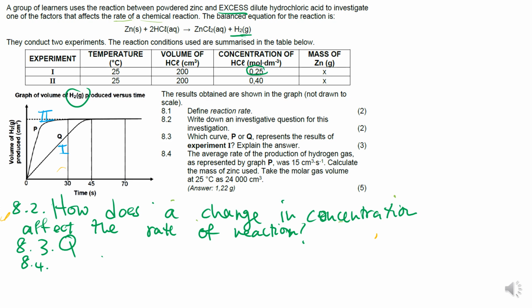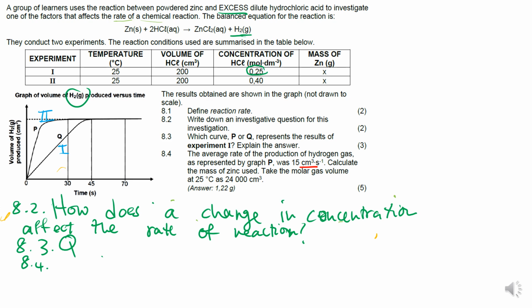One of the key things is that the rate of the reaction is given in cubic centimeters per second, and it's the volume of the H2. So when I calculate using this rate, I can easily work out the volume I have of the H2.